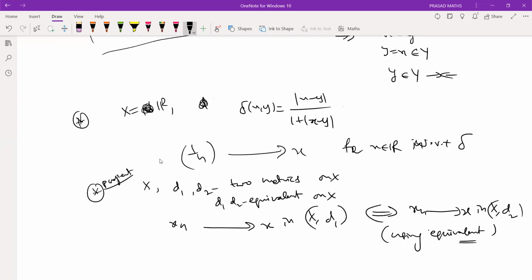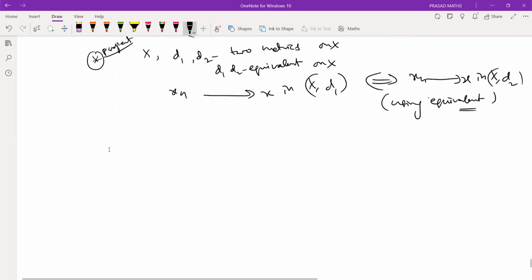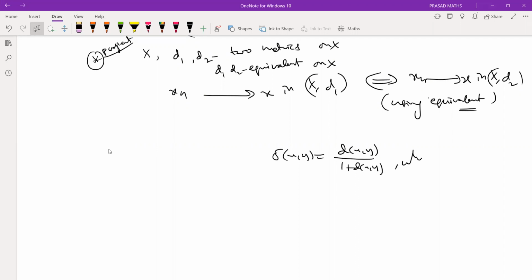It may look typical, but you know this. With respect to this usual metric, how is it? So delta of x comma y is equal to d of x comma y divided by 1 plus d of x comma y, where d of x comma y is mod of x minus y. Right?